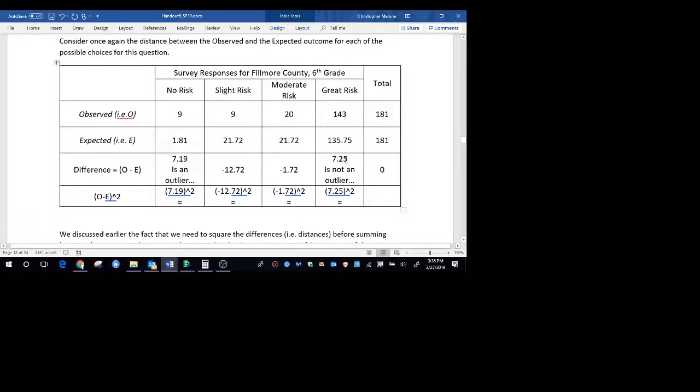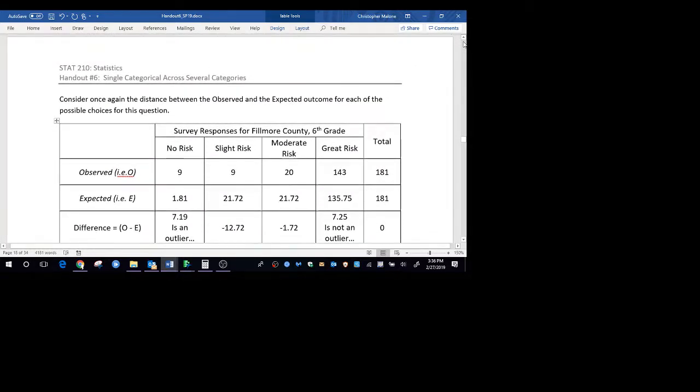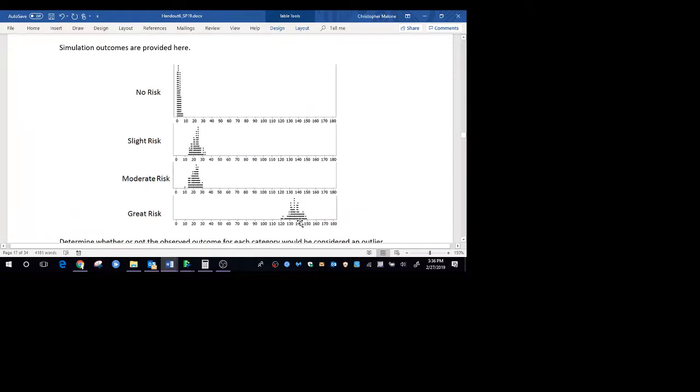The reason is that the pyramid for the great risk is a lot wider than the pyramid for the no risk group. If we go back up and look at those pyramids, being 7 off in the great risk pyramid is not that big a deal. But because the no risk reference distribution is so skinny, being 7 off here is actually a very big deal.